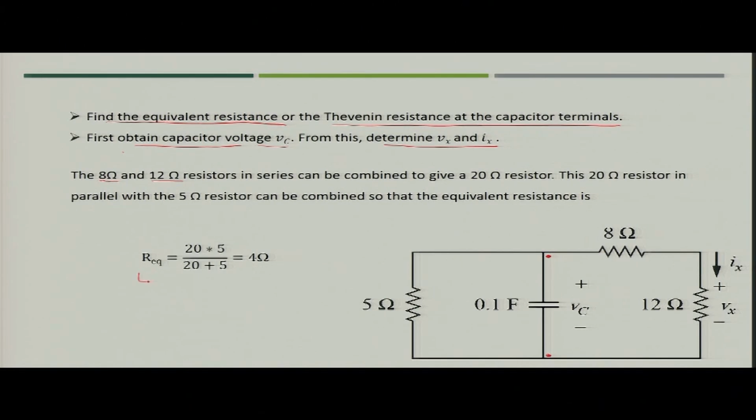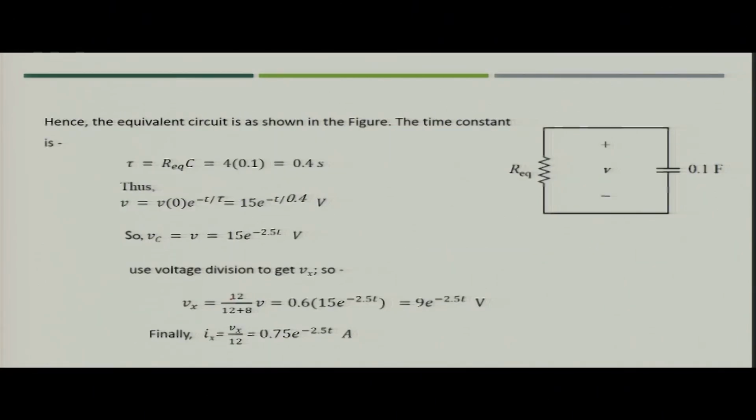So, the equivalent resistance, or Thevenin resistance, would be 20, the total value of the series resistance, 12 plus 8, into 5 divided by 20 plus 5. So, you finally get the Thevenin equivalent resistance R equivalent as 4 ohm.